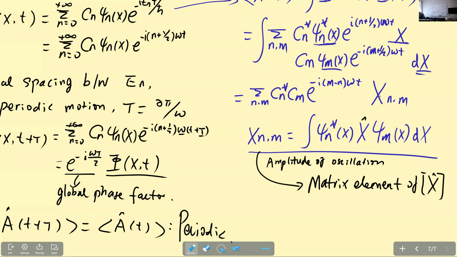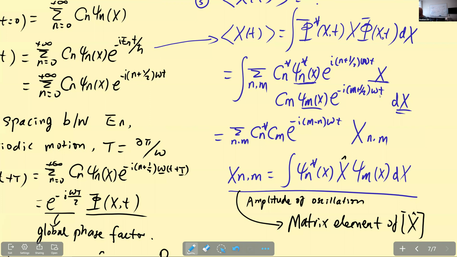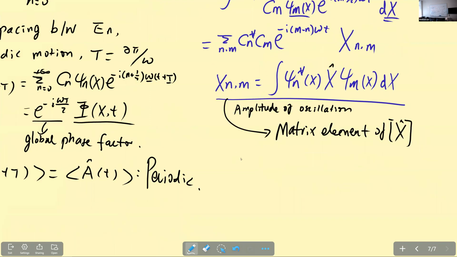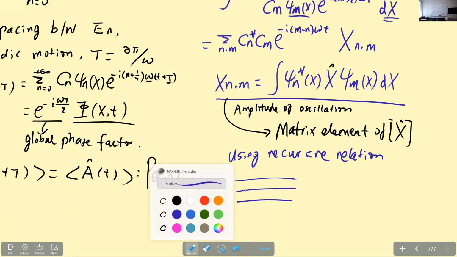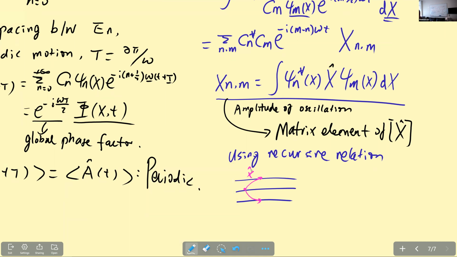Right. And of course, if we use the recursive relation once more, right? Remember this one. If I have a state, it goes like this one and like this one. So this is applying this x, right?